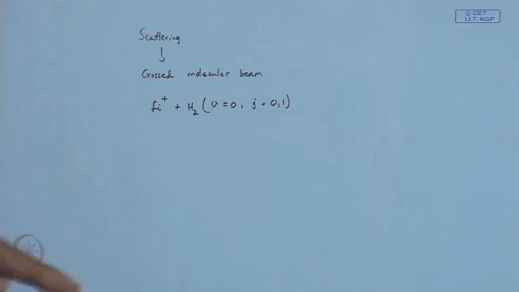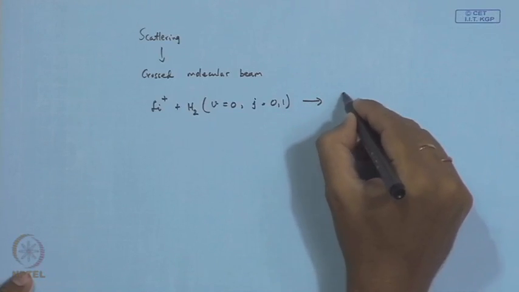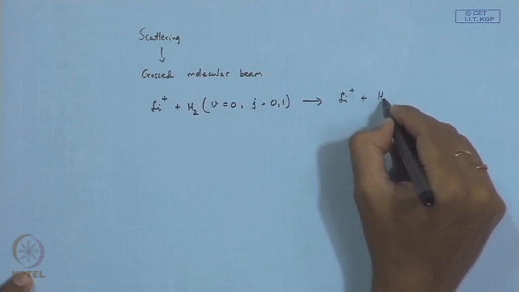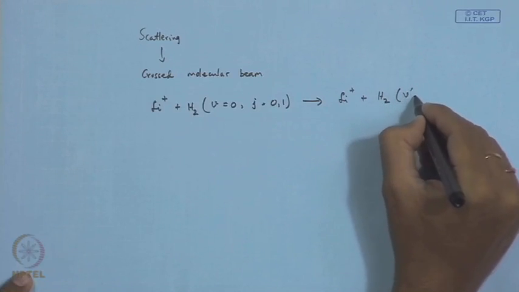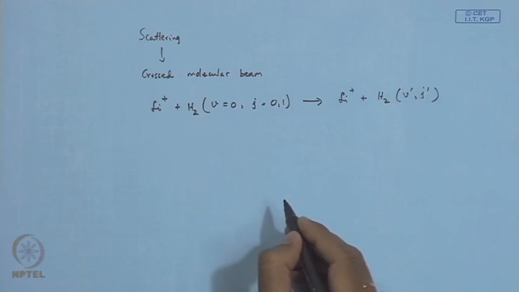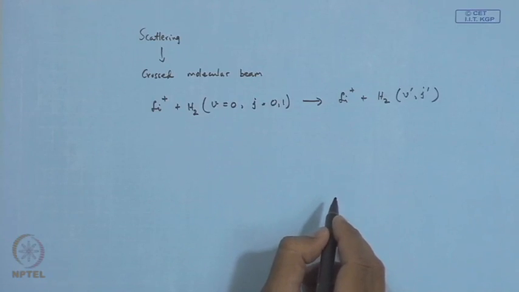So, crossed beam interaction like this, giving rise to lithium plus H2, of course with v primed, J primed, some different v and different J.